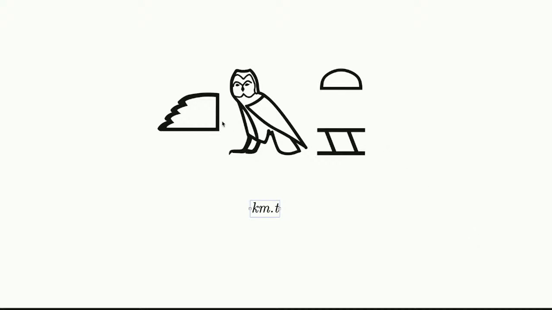So here you have a biliteral glyph, Gardner code I6. You have an owl, Gardner code G17. You have a raised bread loaf, Gardner code X1. Then you have Gardner code N23, which is an irrigation canal. It deals with irrigation, the presence of water.